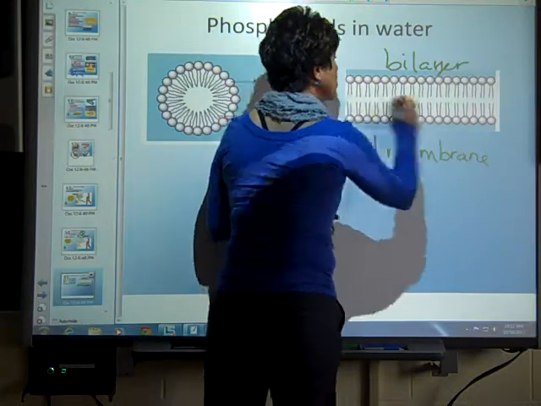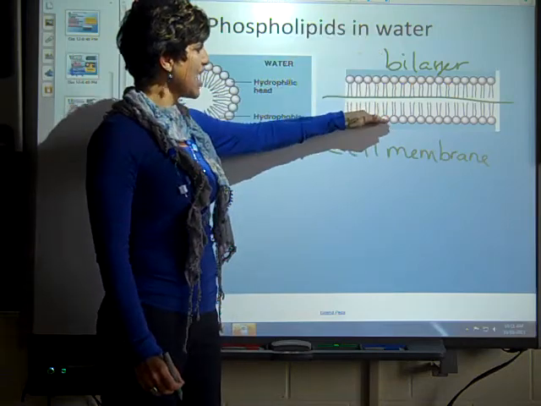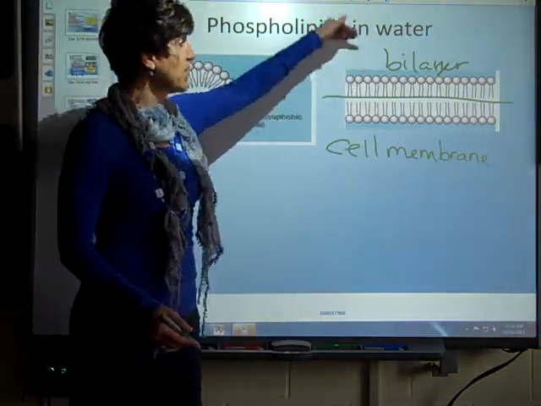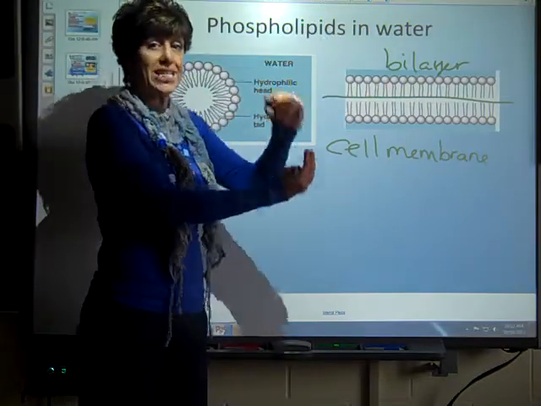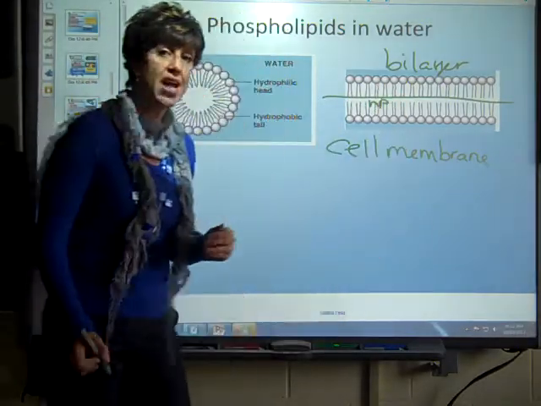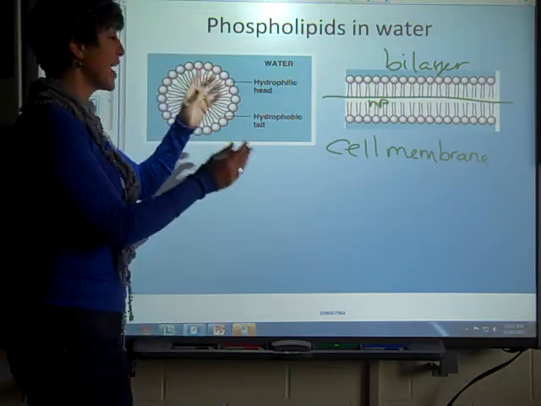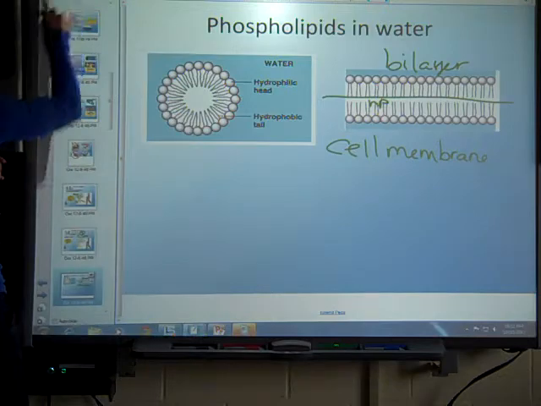And you can see the 2 layers here. The heads face the outside of the cell, the heads face the inside of the cell because it's a water environment. So the part that's hydrophilic is going to face the water. The tails orient themselves towards each other because this is very non-polar. That does not want to be near the water. It is hydrophobic. So that is why a cell membrane arranges itself in a bilayer.